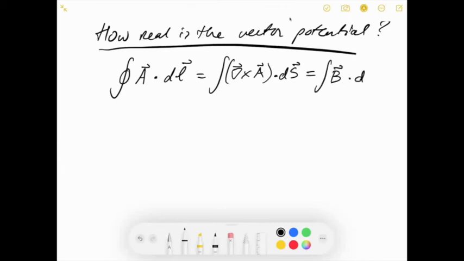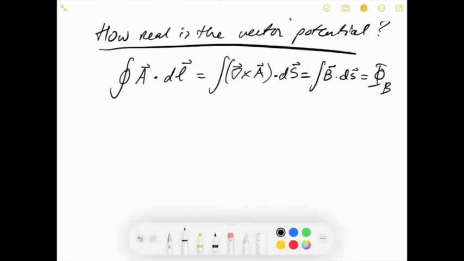So that's B ds, and that is the magnetic flux. So phi sub B, that's how I sometimes write it.